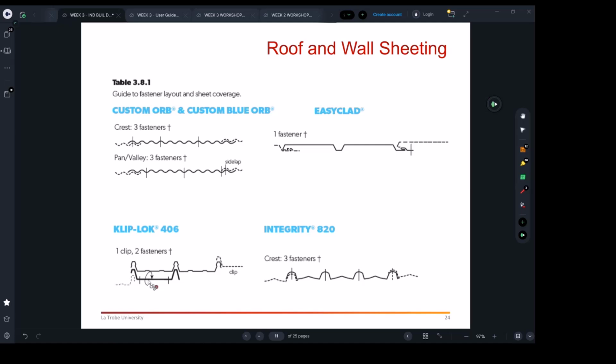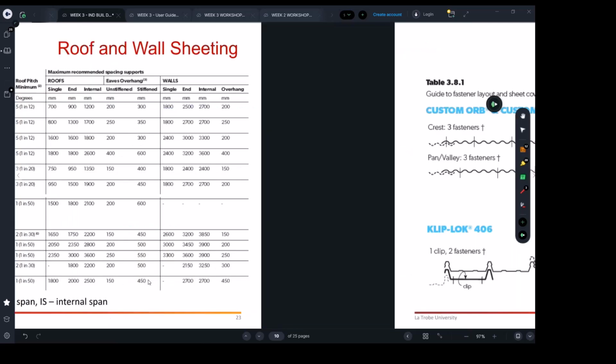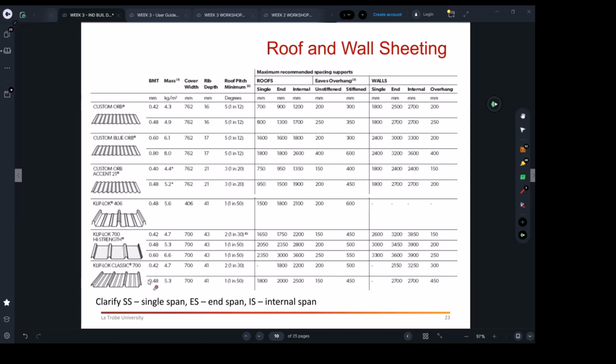The architect will specify them if they like a special look, because some of them are related to fire rating or to sustainability, like they call it energy report. Some of them can resist the heat more than others. So sometimes architects want to specify the sheeting. But as a construction consideration, make sure it is built correctly.